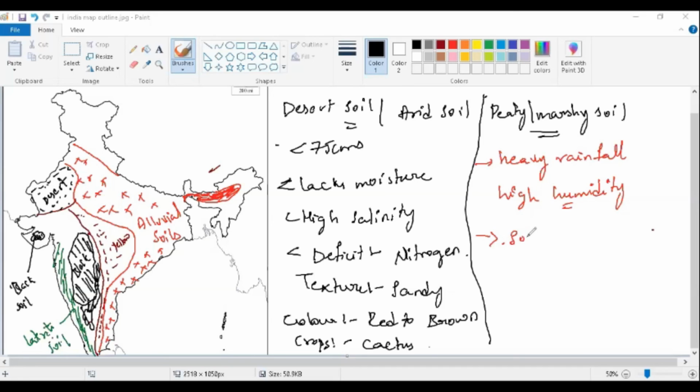So here the soil is completely saturated with water. The soil pores will be clogged by this water, so it won't allow exchange of air, which is important for growth of plants. So because of this condition, there will be very little growth of vegetation.